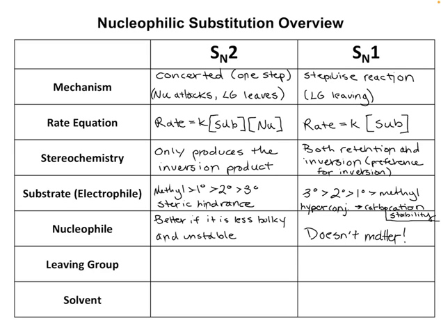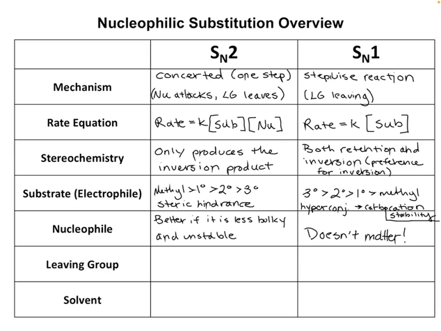So we should have either a methyl group, a primary carbon, etc. And then once you start getting into the bulkier groups, that's when SN2 doesn't really work anymore. However, for SN1, it's the opposite. So if you can have a tertiary carbocation as your intermediate or a secondary carbocation, that's pretty good.